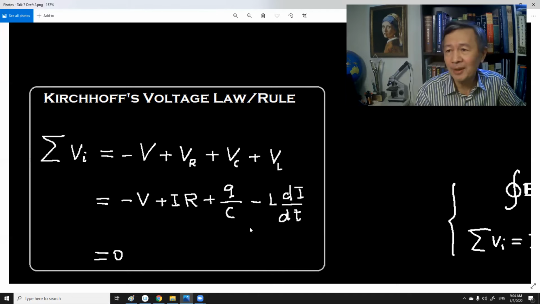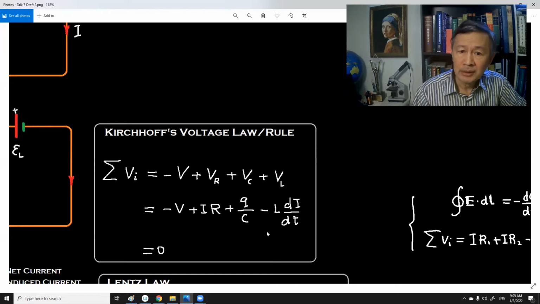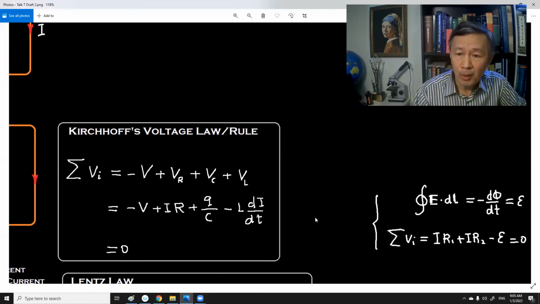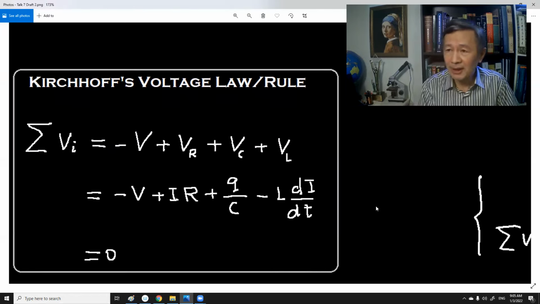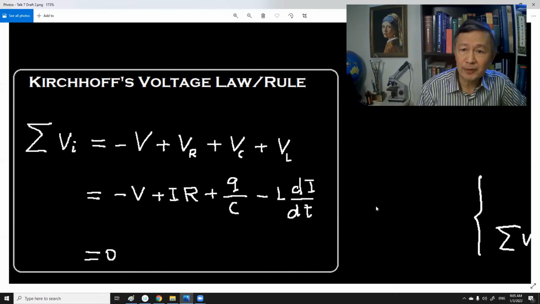Now the reason Professor Lewin insists that the sum is not equal to 0 is because he didn't see something invisible. How can you see something invisible without imagination? That is the problem. My point here is that, as many viewers have remarked, Kirchhoff's law is perfect.